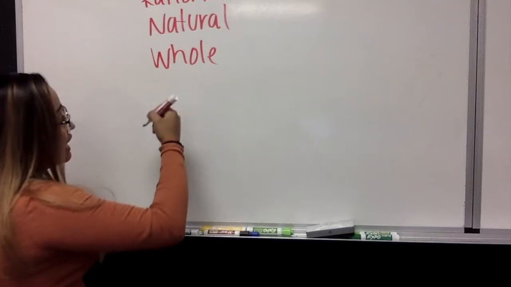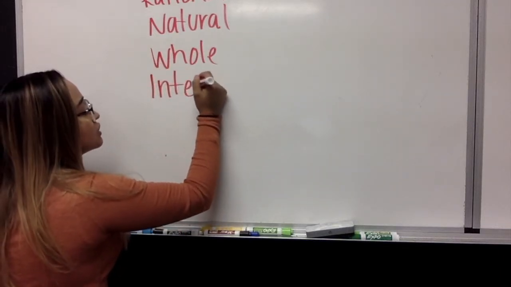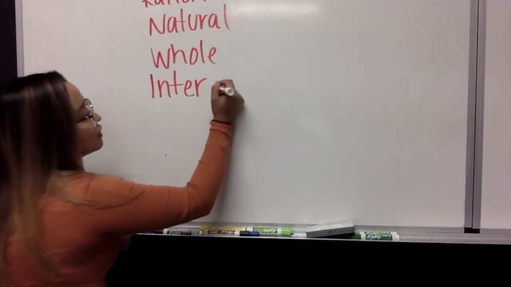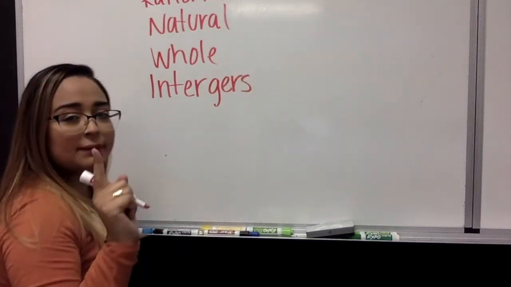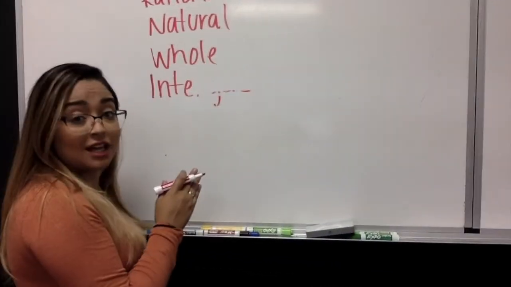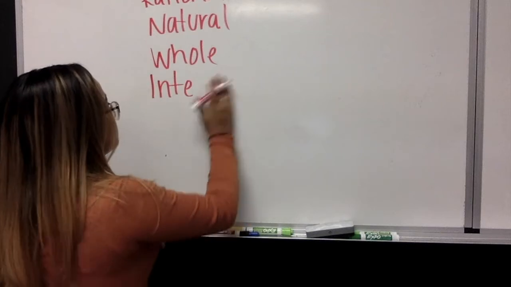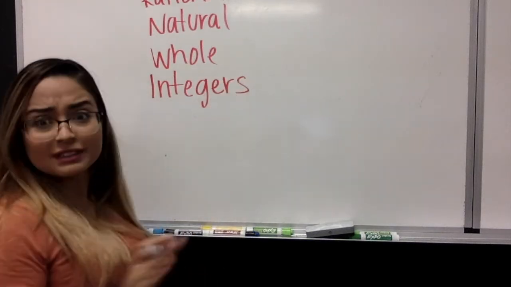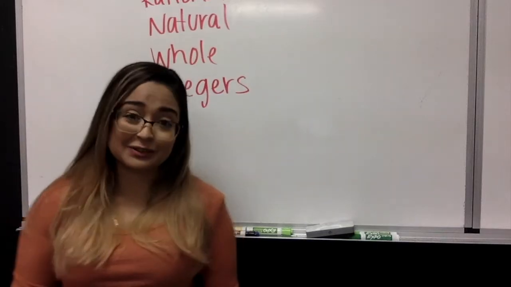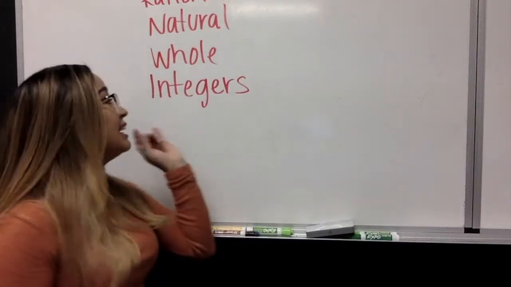Whole numbers, and then we had integers. Let me check my spelling again. I've always had that confusion since I was in high school, so it's nothing new. But that's why we're supposed to check our spelling.